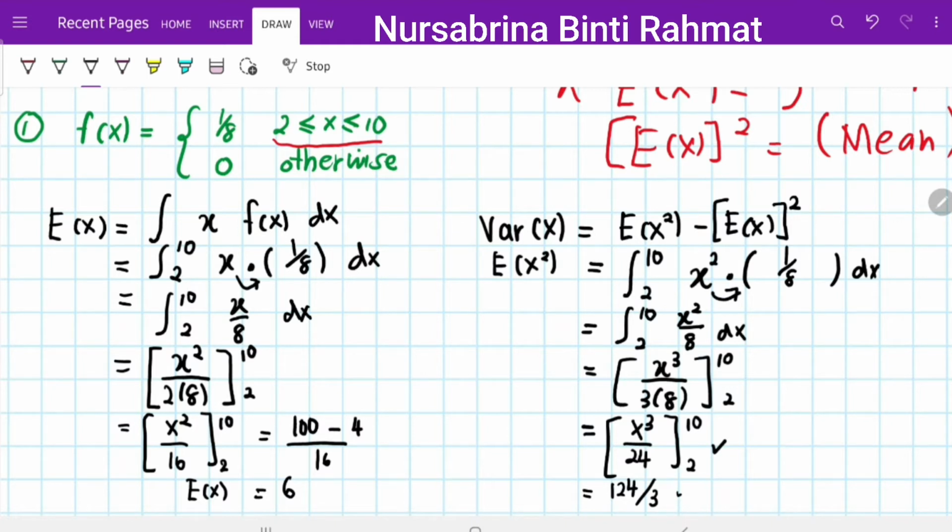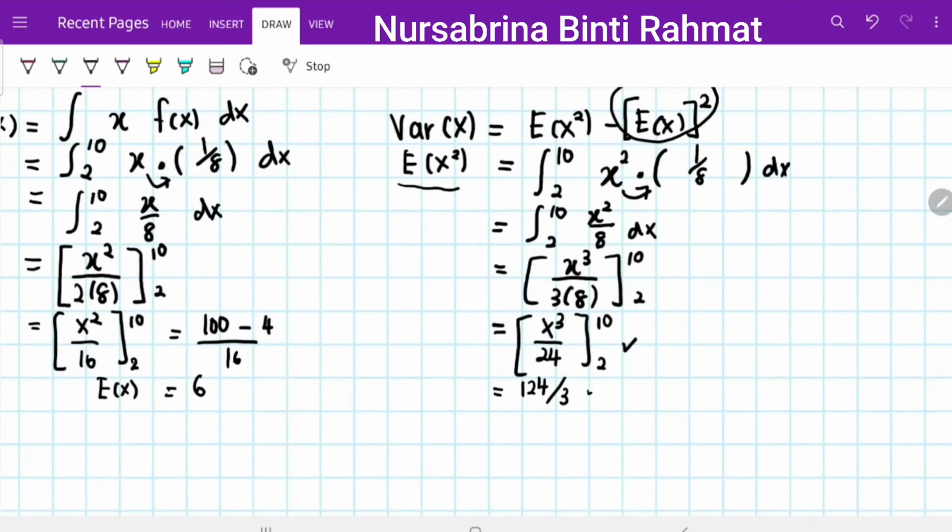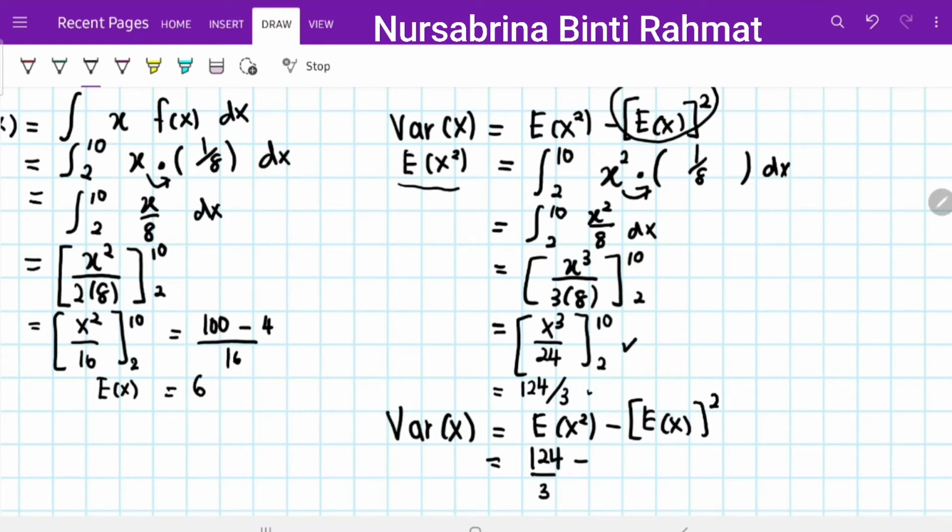We have not finished solving your variance yet, because we have only calculated E(X²). So let's continue. Variance of X equals E(X²) minus [E(X)]². Your E(X²) is 124 over 3 and your mean is 6 from the previous calculation, squared.